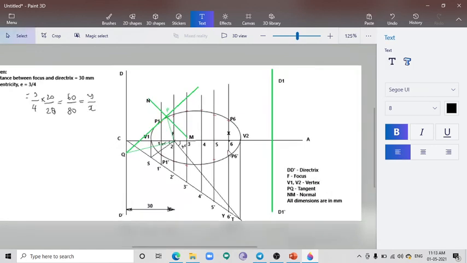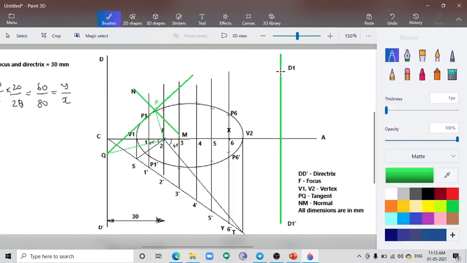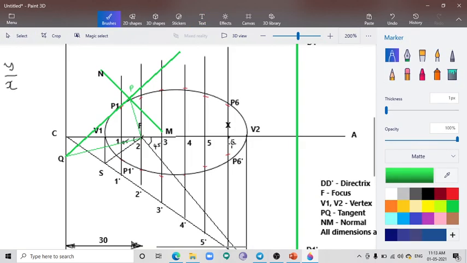And also we have to mark the second focus point from V2, which is to be named as F2, and the distance between F2 and V2 should be equal to the distance between F and V1.